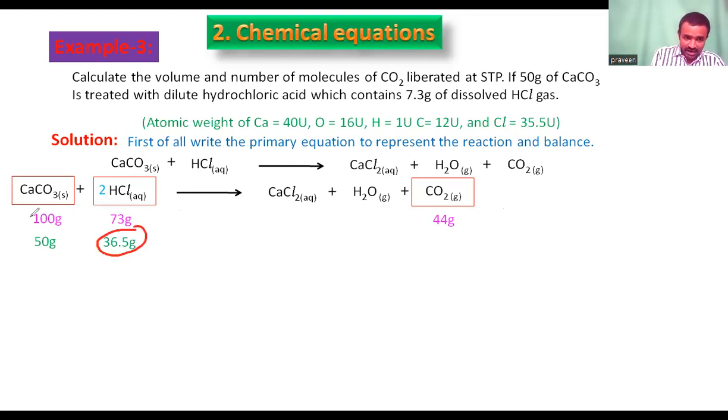Here look at 100 grams, reduce it to 50. It is just half, reduce it to half. Then here also I am following the same ratio. According to the law of constant proportion, the ratio is always equal. So reducing to half, I require 36.5. Are you following me?